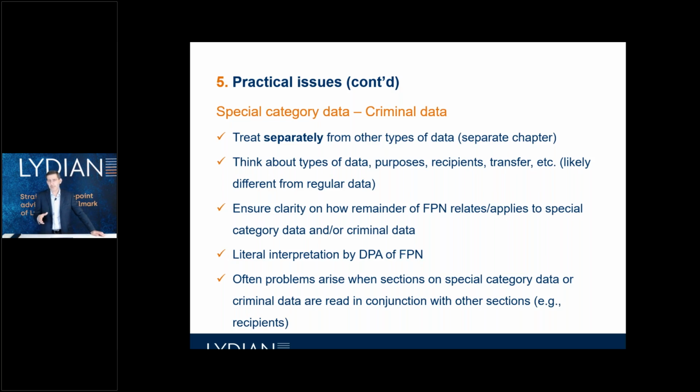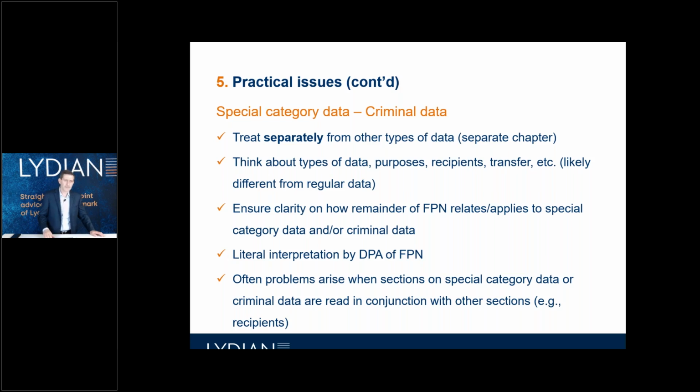Again, our recommendation is to treat this separately from other types of data, and we also see this in most of the fair processing notices that we need to review, but in many cases it does not go far enough.